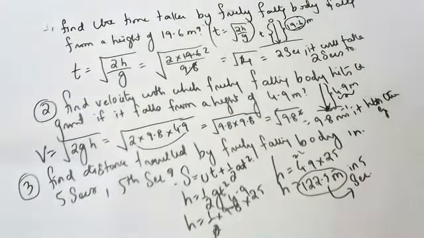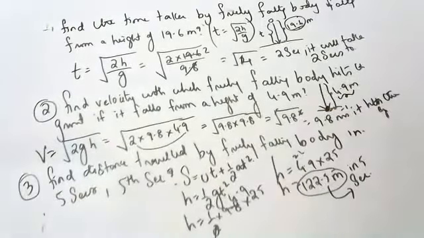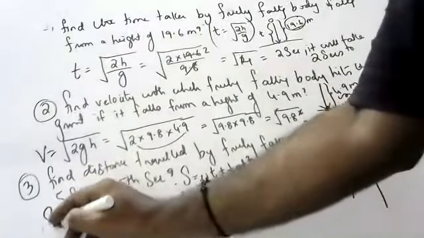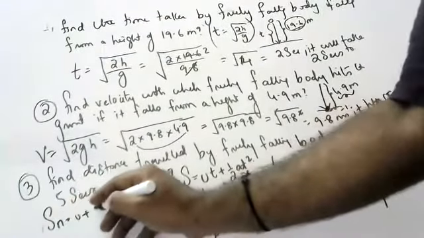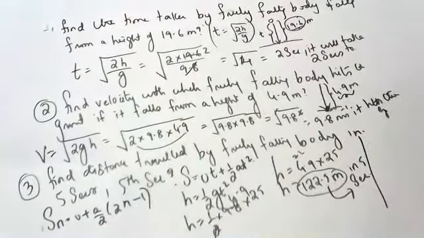And what is the distance traveled in the fifth second? Children, no one is telling the answers, I am only doing it continuously. u plus a by 2 into 2n minus 1 is the distance traveled by the body in the nth second.